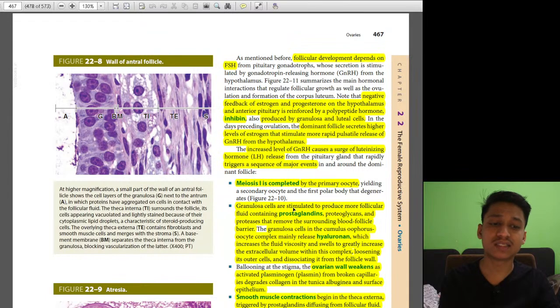Granulosa cells are stimulated to produce more follicular fluid containing prostaglandins, proteoglycans, and proteases that remove the surrounding blood follicle barrier.